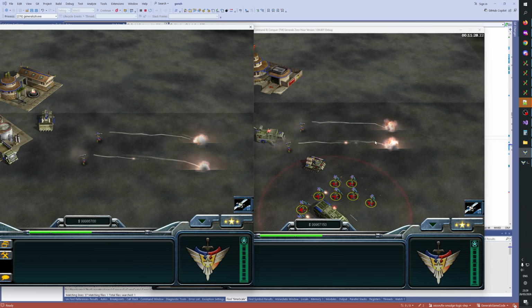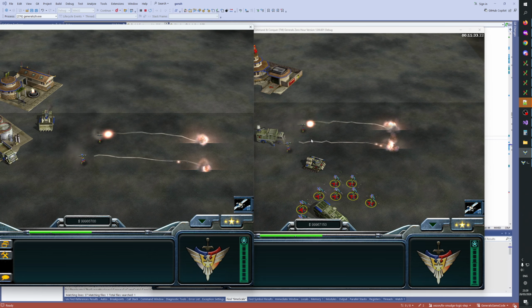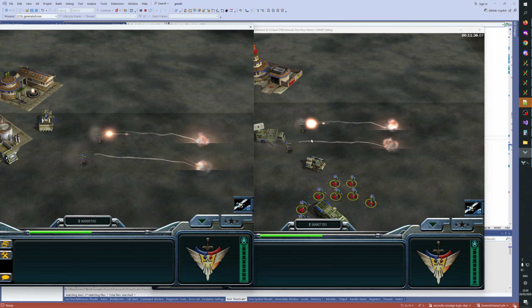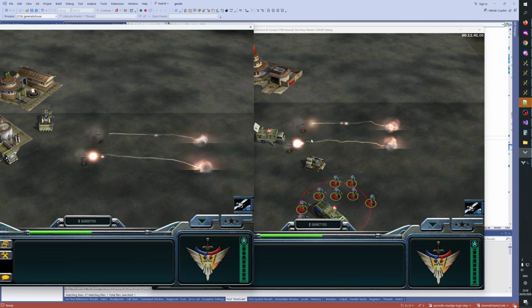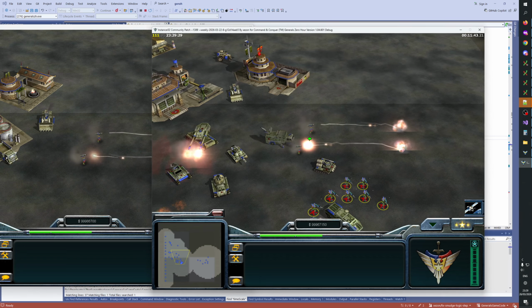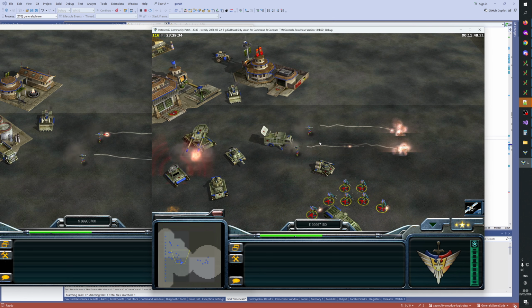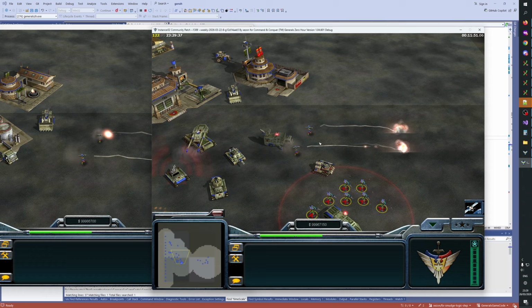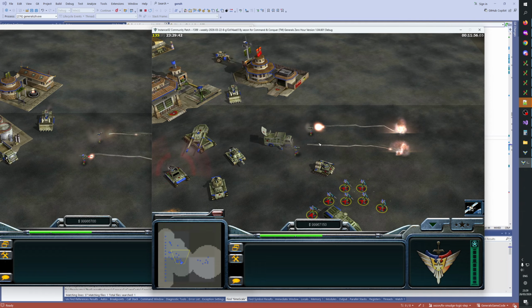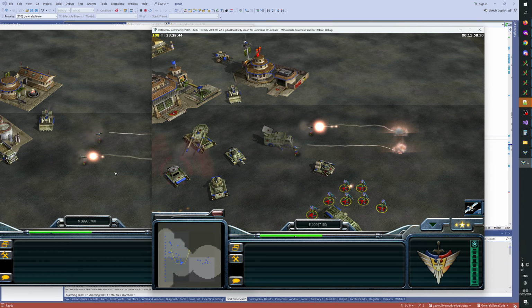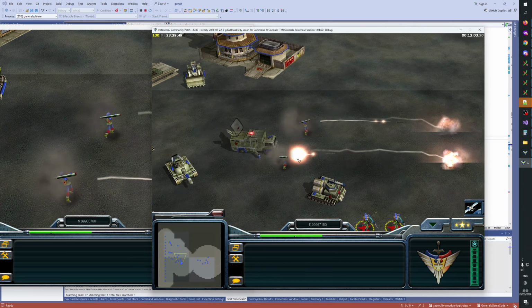Maybe there are more particle instances still. Okay, let's zoom in here.